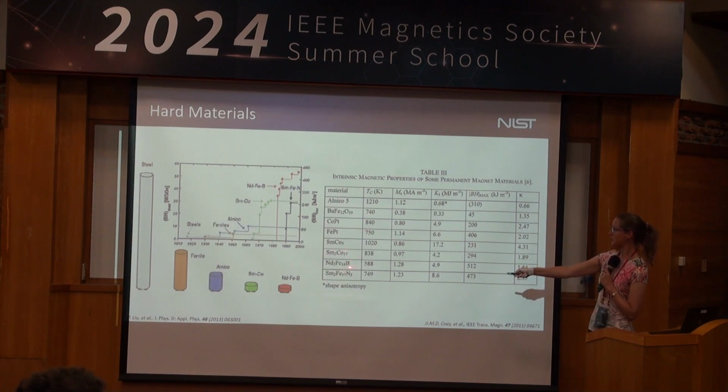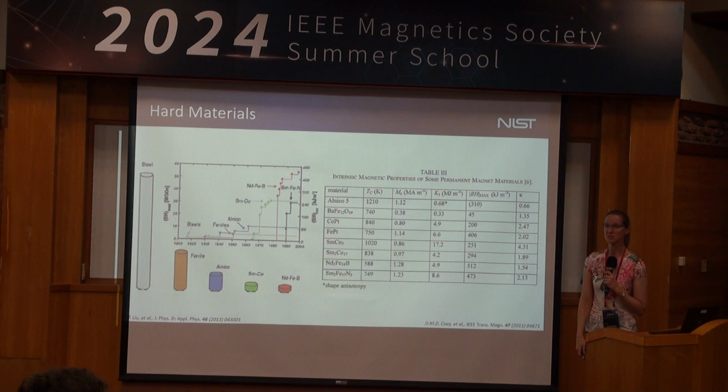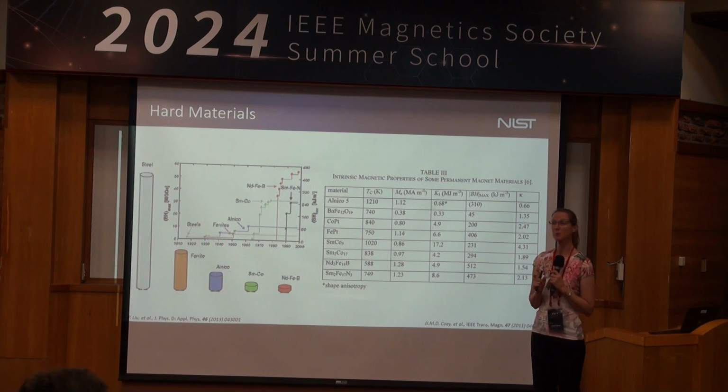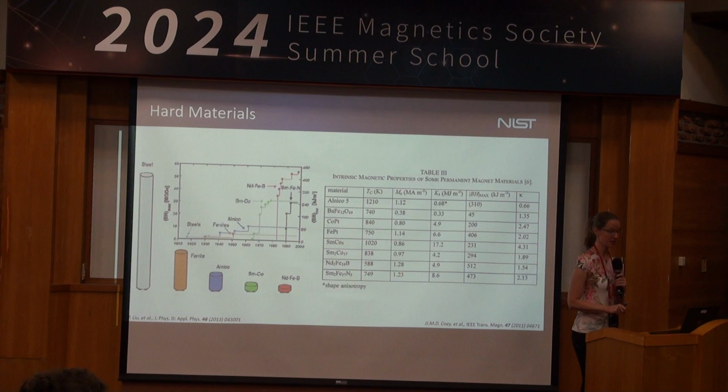And if you add a little bit of nitrogen into the system, and very specifically you place the nitrogen around your samarium rare earth, by changing the crystal field in that area, you're able to increase the anisotropy, but you're also able to increase the Curie temperature of the system. And so this was a game that was played quite a bit.